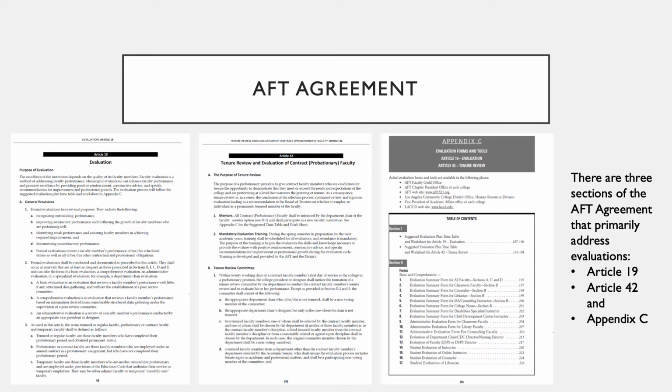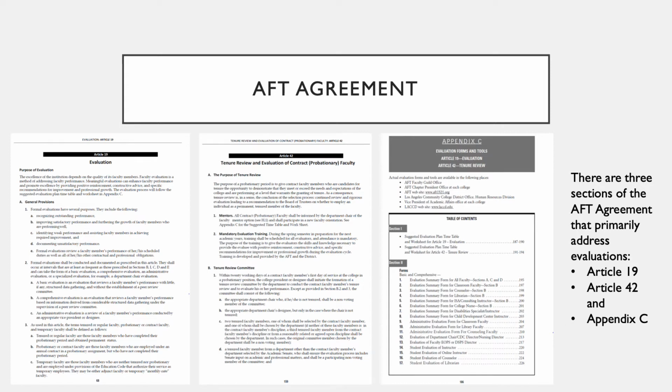So when you're looking at the AFT agreement, there are two different sections that address evaluation. The first is Article 19, and the second is Article 42. And then Appendix C, which has a number of the forms and tools that you'll use as part of those evaluations.